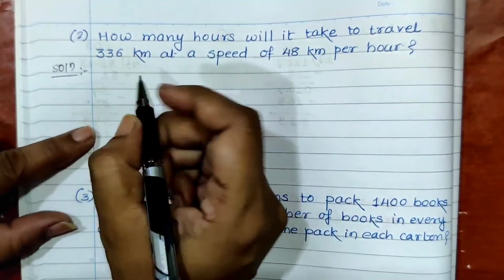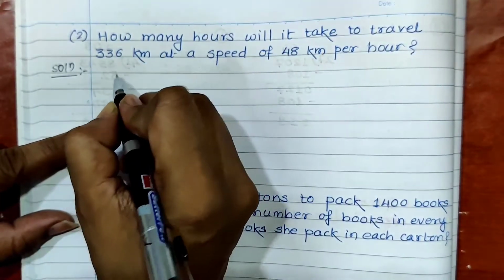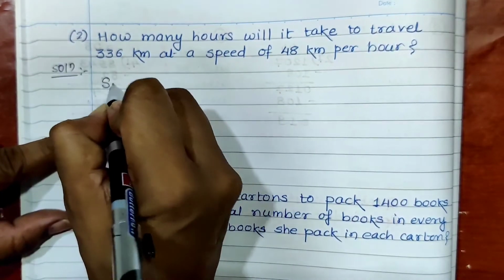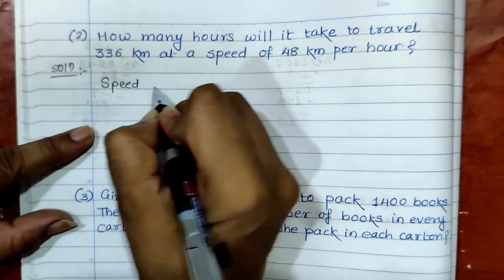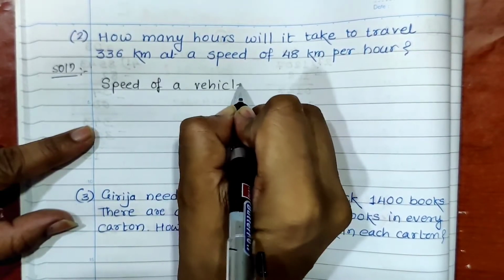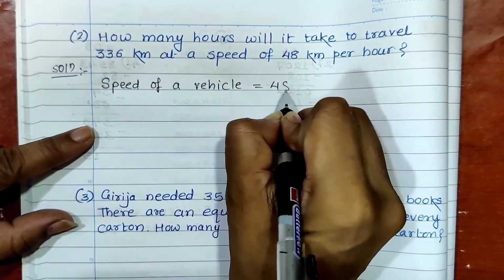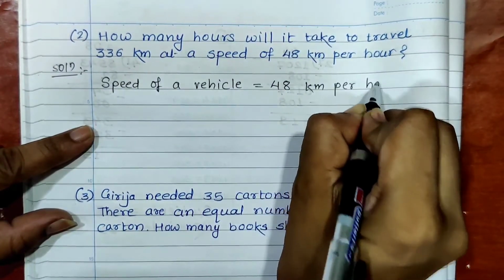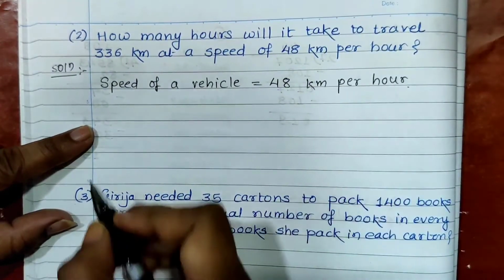In the solution we write, here I will write, speed of a vehicle is equal to 48 km per hour. That means in 1 hour it travels 48 km.